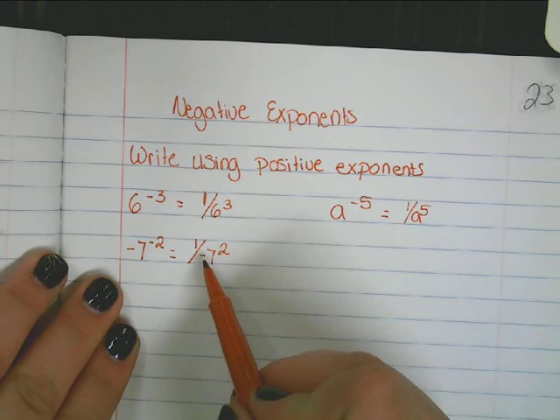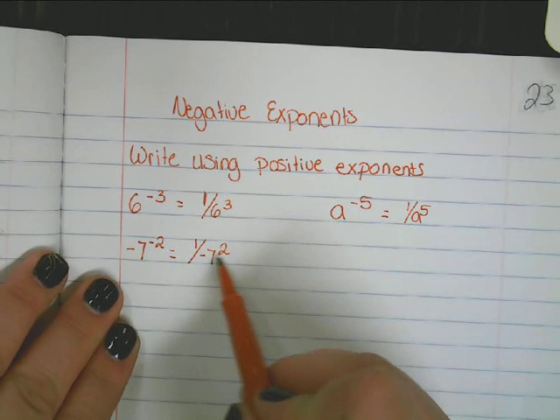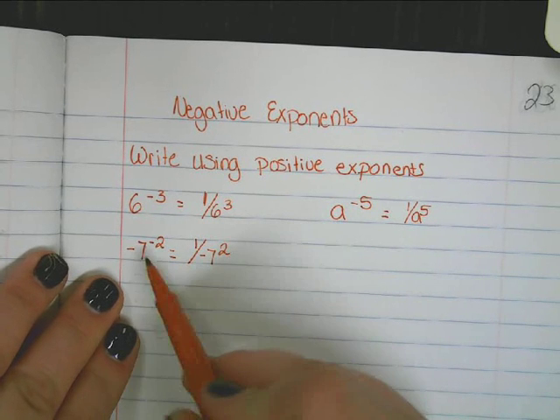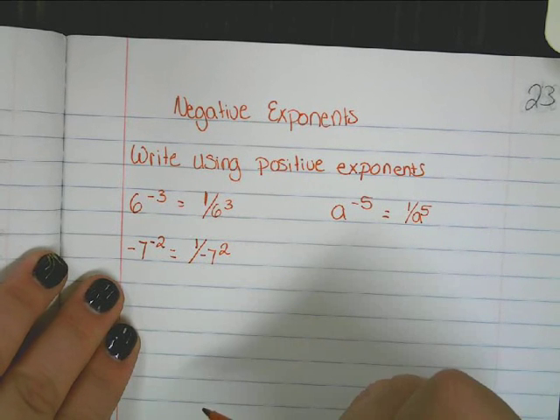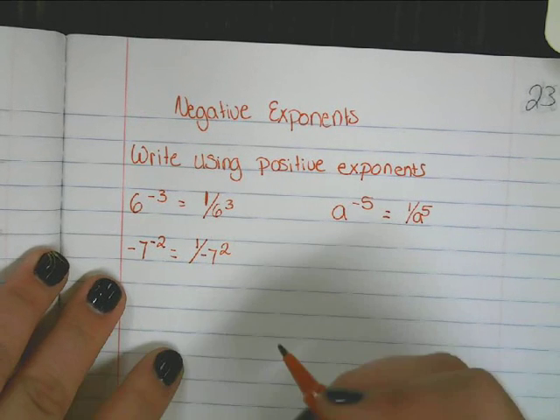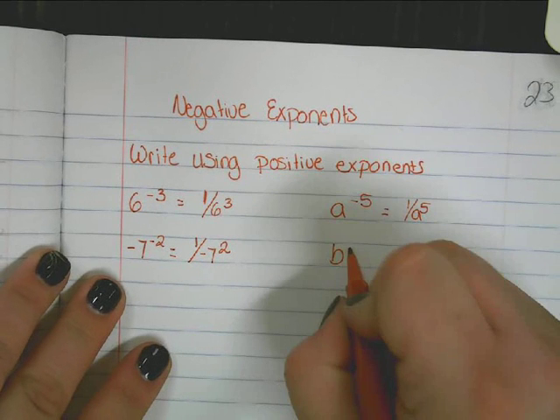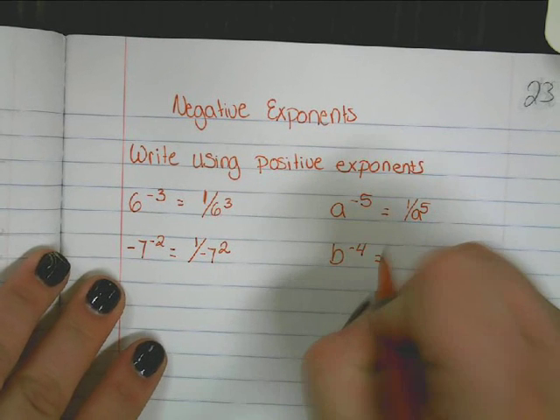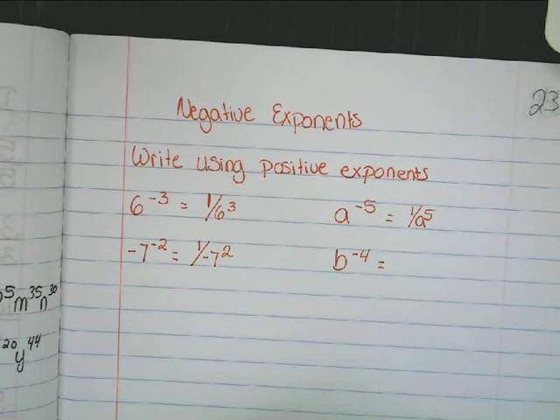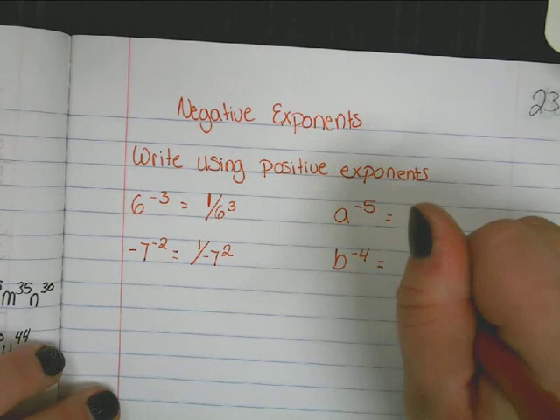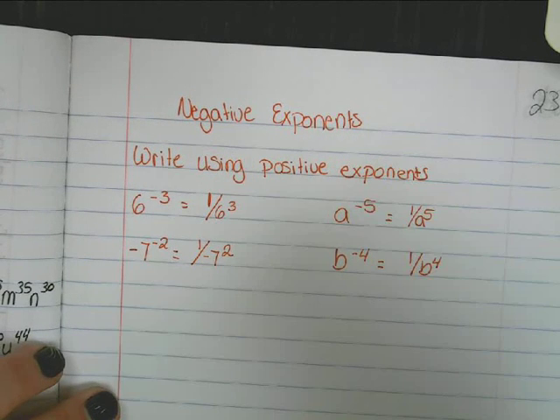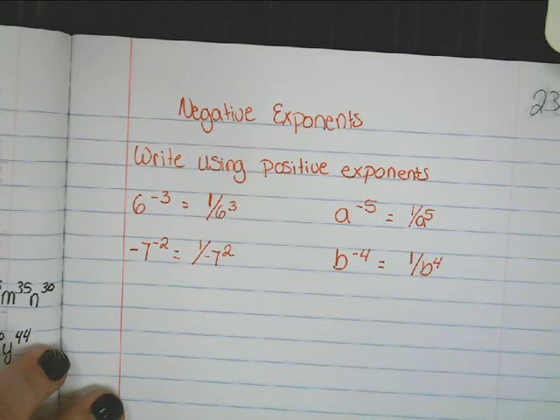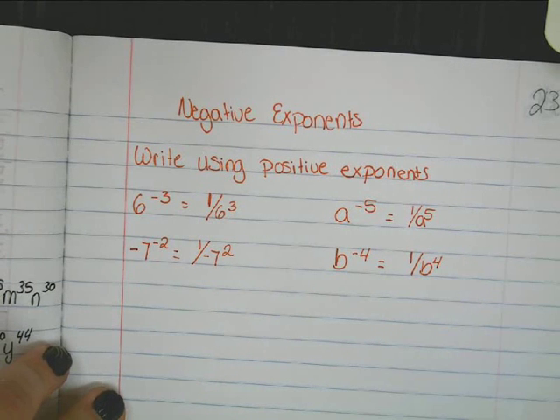The only thing I drop the negative from is the exponent. That number is still a negative 7, so it has to stay a negative 7. What about B to the negative fourth? 1 over B to the fourth. Questions on those?